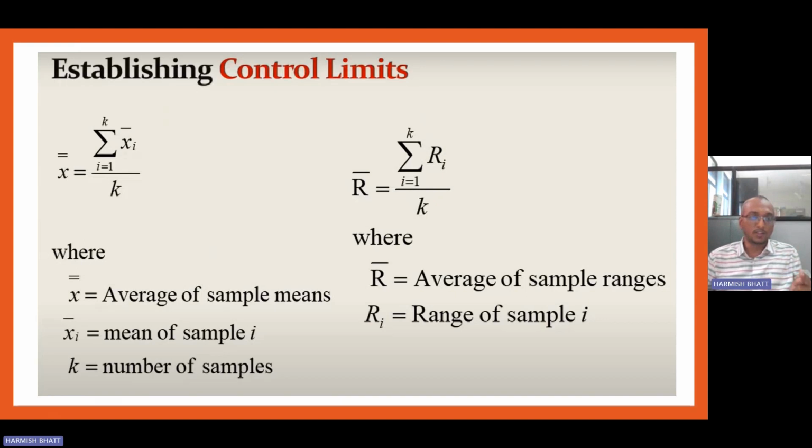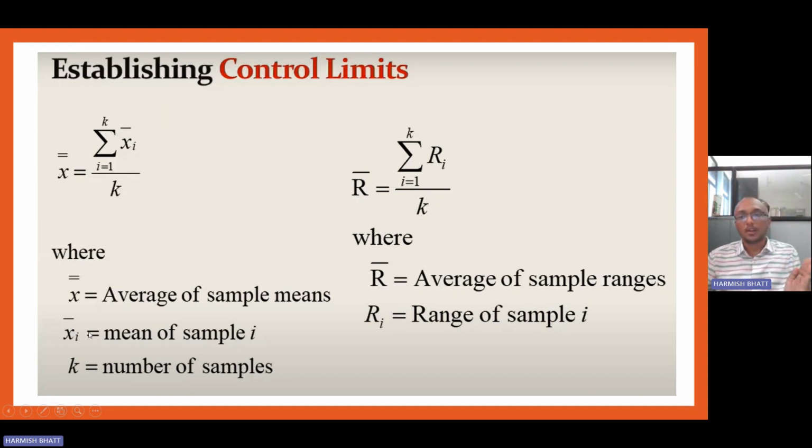So X bar 1 is nothing but the mean of sample 1. X bar 2 is the mean of sample 2. X bar 3 is the mean of all the n items of sample 3. Likewise, we will have X bar 1, X bar 2, X bar 3, X bar 4.